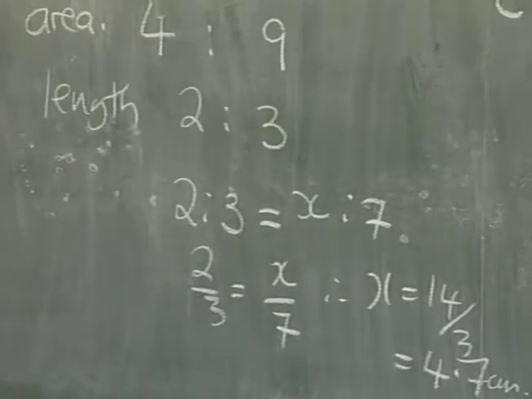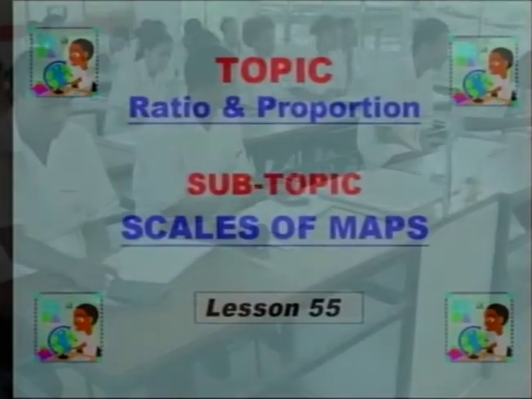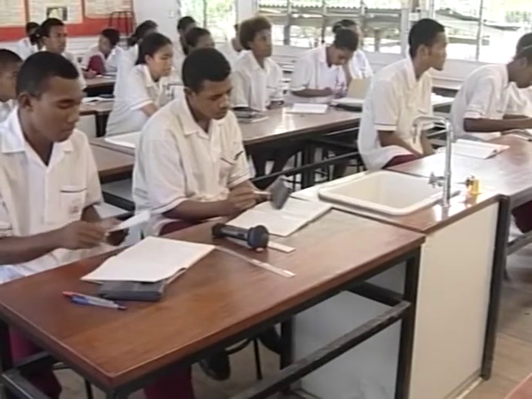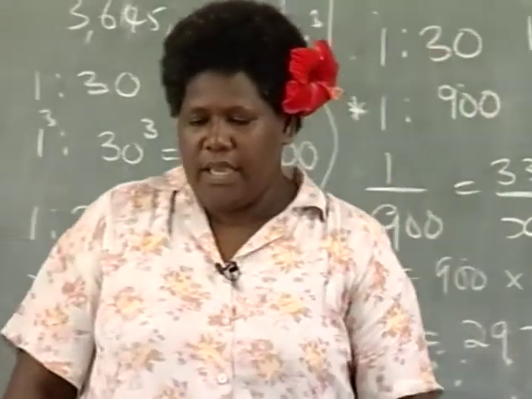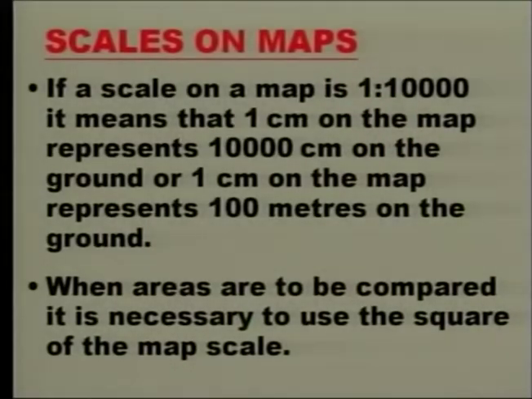Now the topic for today, which is also the last topic on ratio and proportion, is using ratio and proportion on scales of maps. I know that you've done this in social science when you were in grade 10, so this should not be difficult to do. I've got some notes on the monitor. If a scale on a map is 1:10,000, that means that 1 centimeter on the map represents 10,000 centimeters on the ground.